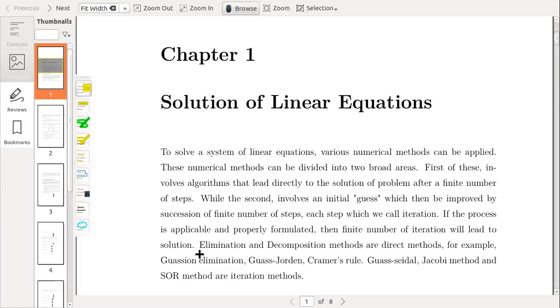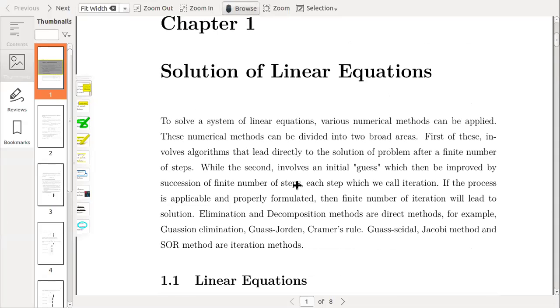If the process is applicable and properly formulated, then a definite number of iterations will lead to the solution. Elimination and decomposition methods are direct methods, for example Gaussian elimination, Gauss-Jordan, Cramer's rule. Gauss-Seidel, Jacobi method, and SOR methods are iterative methods.